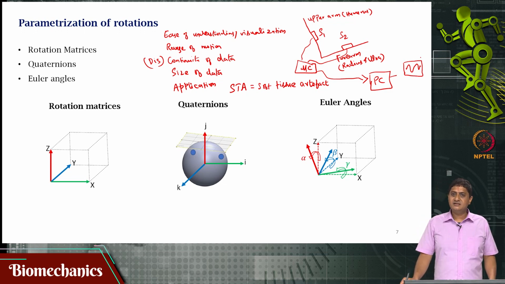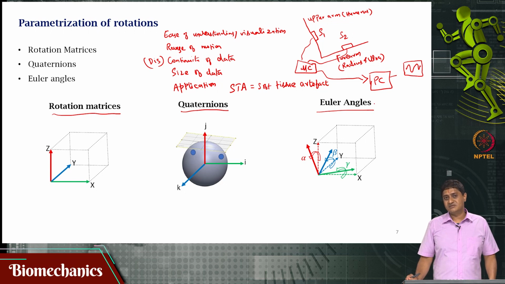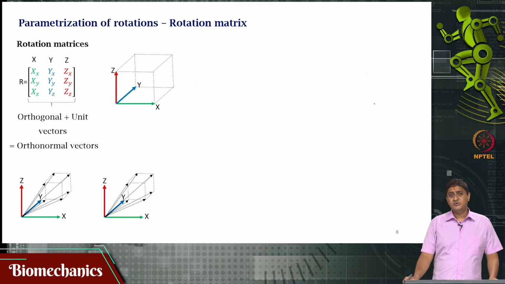The data that is received by the PC can be in the form of rotation matrices, quaternions or Euler angles. The exact method that is used depends on the application. It could be any of these. We start our discussion with rotation matrices.